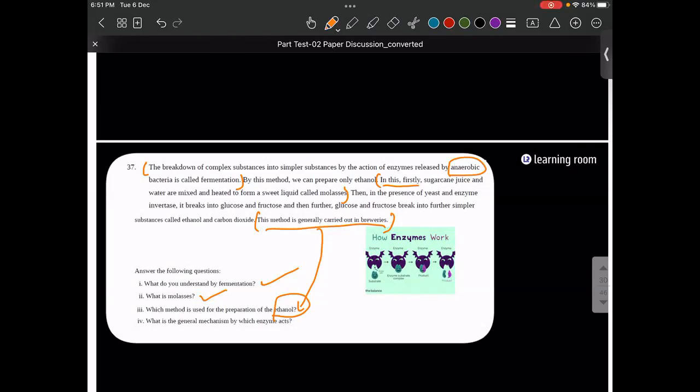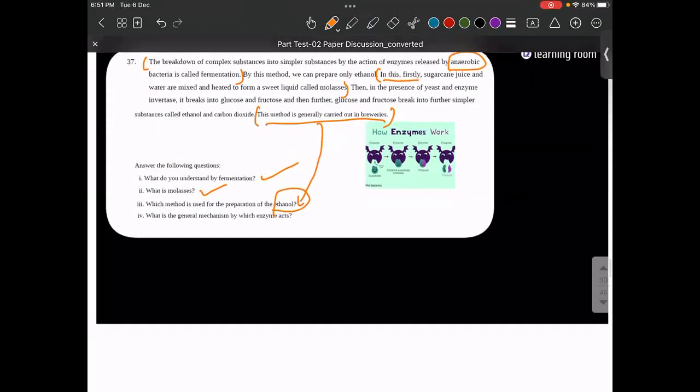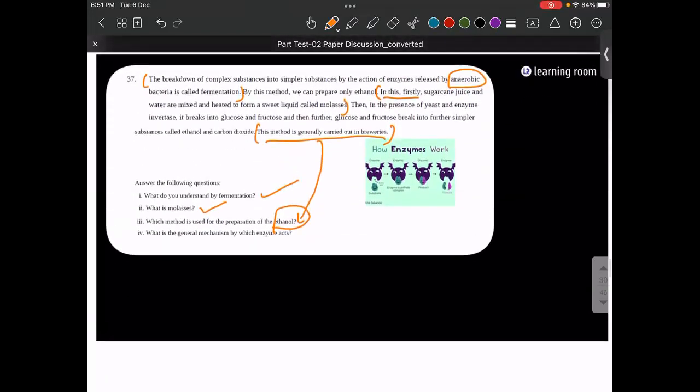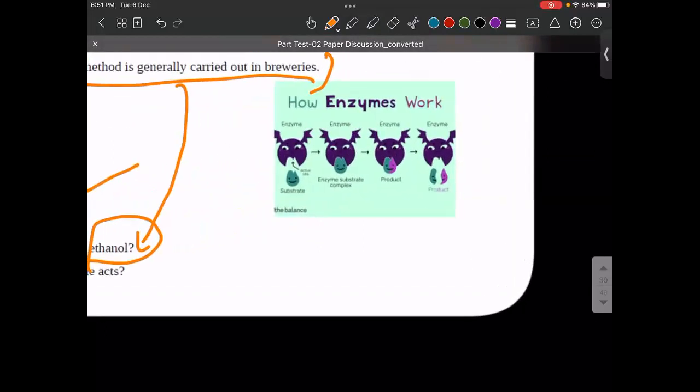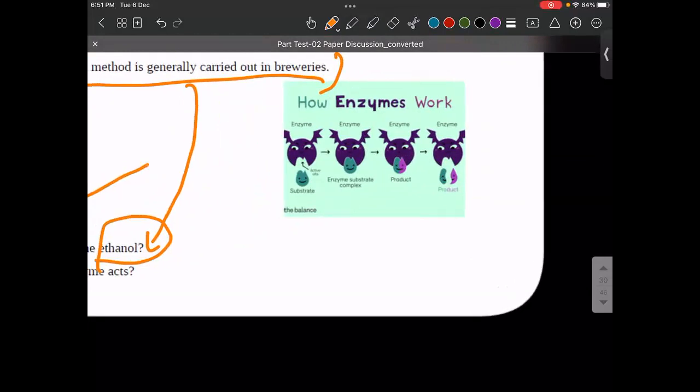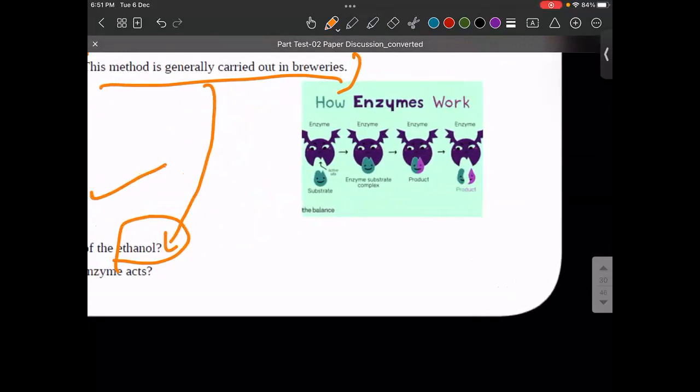Then, what is the general mechanism by which enzymes act? Very, very important question. When they catalyze the chemical reaction and they dissociate the product. So look into the image, how the enzyme acts.